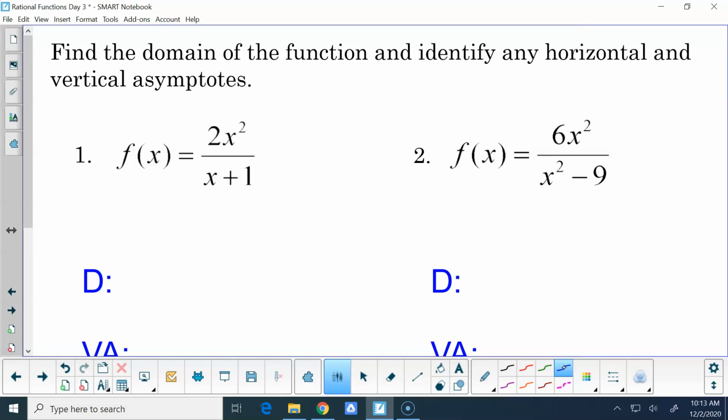So we take our denominator. Our denominator was x plus 1. We set that equal to 0. And so then that's going to give us x equals negative 1. Agree?